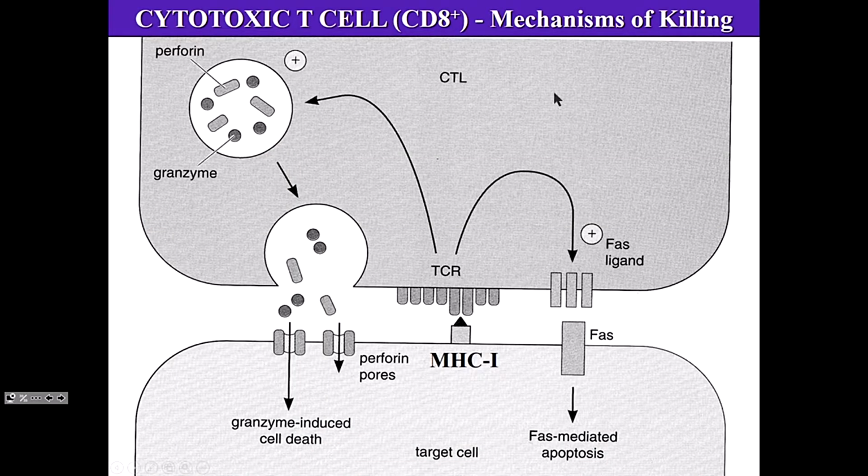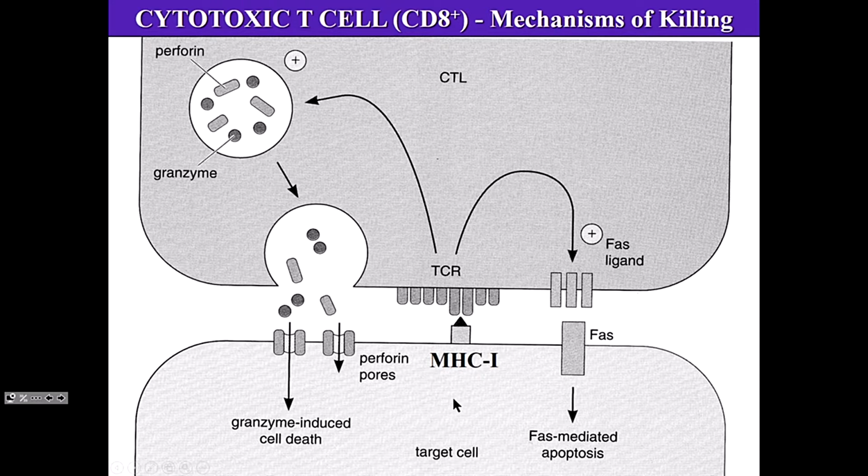And the other mechanism is cytotoxic T cells, CD8 positive. So here is our target cell that's been infected with, let's say, a virus. A bit of that virus is bound to the MHC1 complex and presented to the T cell. And if the receptor component of the T cell is complementary to that bit of virus, then that cytotoxic T cell will become active and it will destroy that target cell.